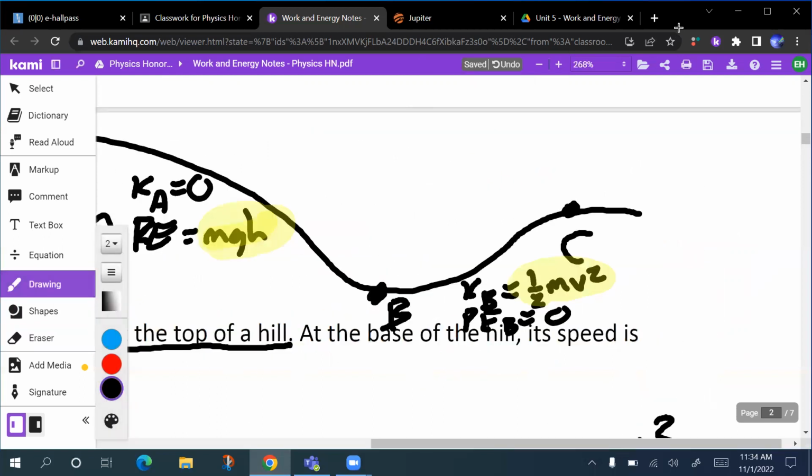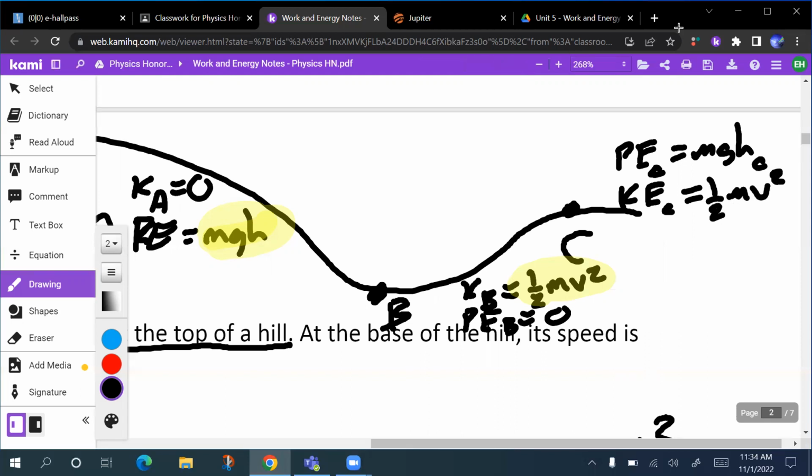At point C, you do have height above the lowest point, so you do have potential energy at point C. So I'm going to write that, mgh with a subscript C. And then you do have some kinetic energy going over the top of that hill, so we're going to have 1/2 mv, BC squared.